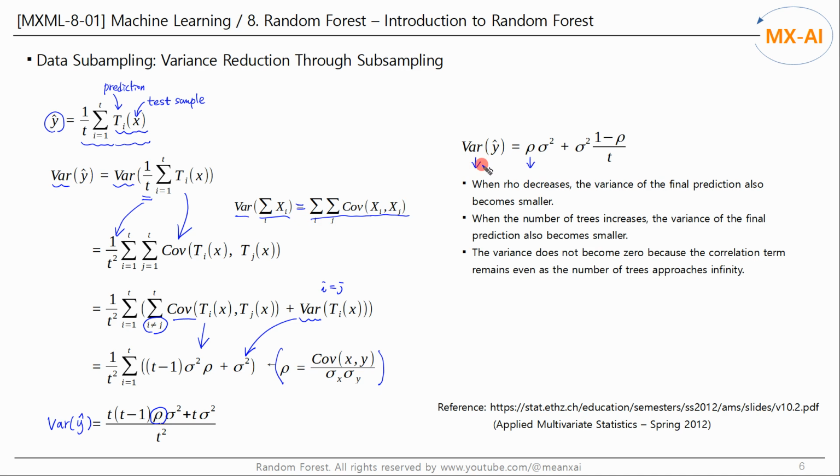In addition, increasing the number of trees generally leads to more stable predictions and lower variance. But notice that the variance does not go all the way to zero because the trees are still correlated with one another. As we can see from the equation, the first term remains even as the number of trees approaches infinity.